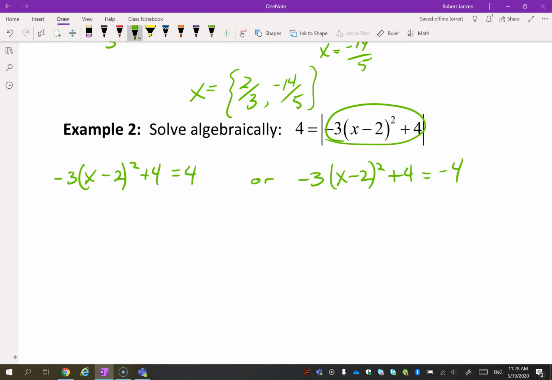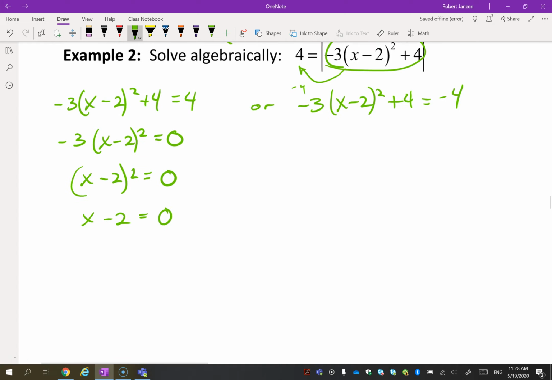Okay, and let's solve both of those. If I take away 4 here, I get 0. If I divide by negative 3, I get x minus 2 is 0. Take the square root. X minus 2 is the square root of 0, which is 0. So x is 2.